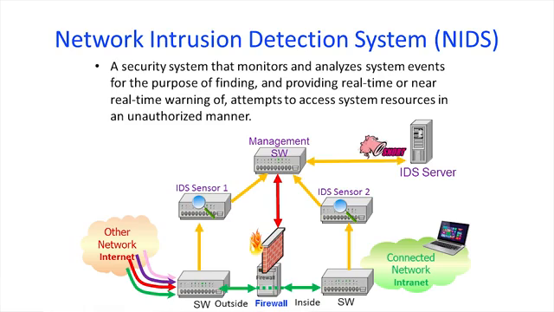Or the IDS server can be programmed to issue requests to the firewall to drop the packets of malicious traffic. In that case, the system becomes Intrusion Prevention System, or IPS. One of the famous open source IPS server software packages is called Snort.